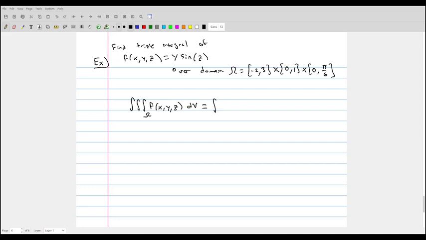So the triple integral over this region omega of this function is going to be the iterated integral of y sine of z, where x is going from -2 to 3, y is going from 0 to 1, and z is going from 0 to pi over 6.